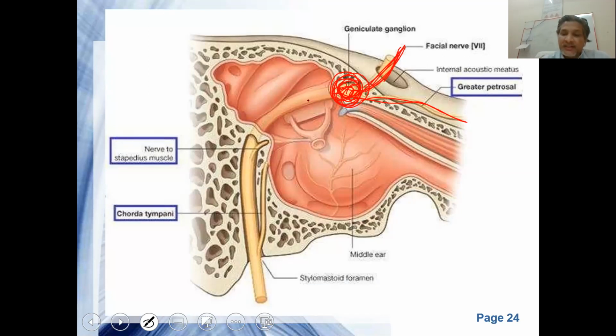A ganglion is where first and second order neurons of the facial nerve interchange themselves. So it is like a nucleus in the central nervous system. A ganglion in the peripheral system is akin to a nucleus of the central nervous system where two orders of neurons communicate.